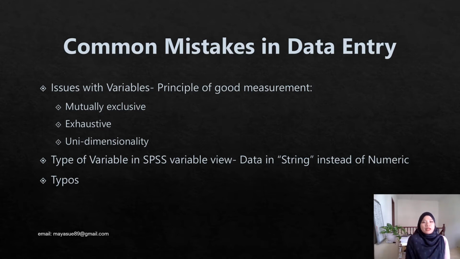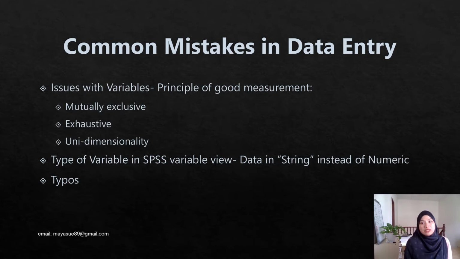And then the type of variable in SPSS variable view. From our first session, we know that SPSS has two views, the data view and variable view. Especially in the variable view, there is the data type, right? The type of variable that needs to be assigned.